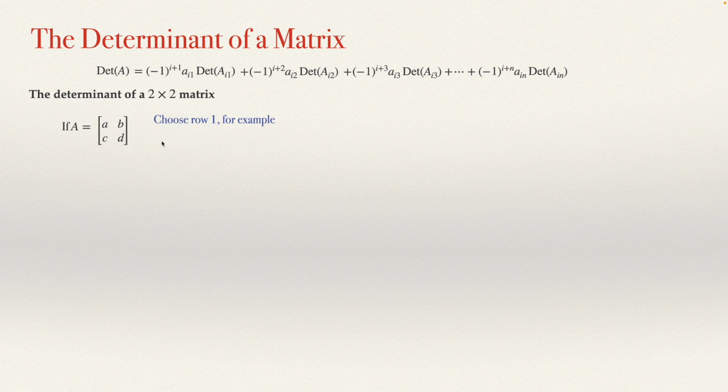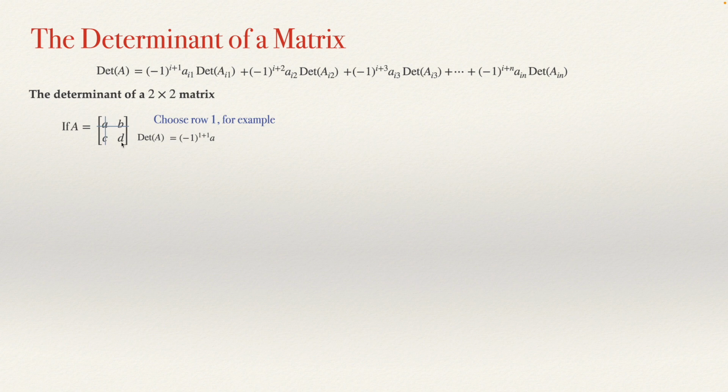It can be proved that the answer is the same if you choose a different row. The determinant of A will be minus 1 to the power 1 plus 1, which is minus 1 to the power 2, times A, the element in the first row, first column, multiplied by the determinant of the matrix that you obtain removing the first row and the first column.